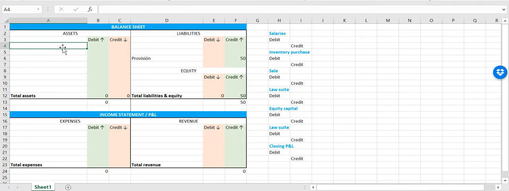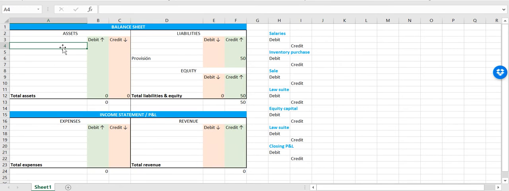If they had credit balances, that would be negative assets and negative expenses, which is strange. And liabilities, equity, and revenue normally have a credit total, because if they were debit, again, that would mean they would be negative.